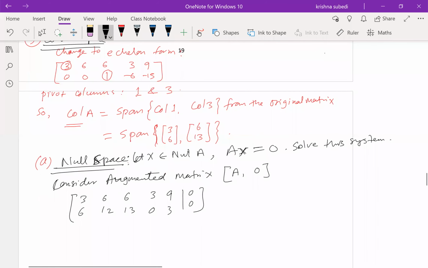Now change into echelon form. The good news is that we have already changed it into echelon form. We just copy that from the previous part: 3, 6, 0, 6, 1, 3 and minus 6, 9 and negative 15.